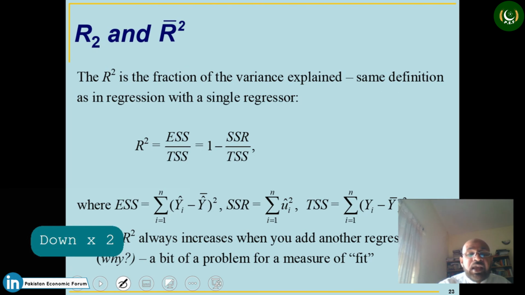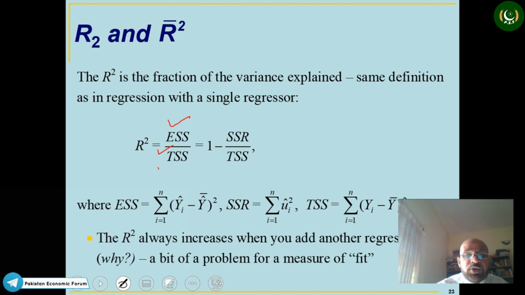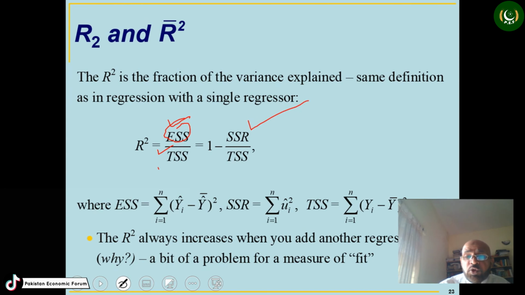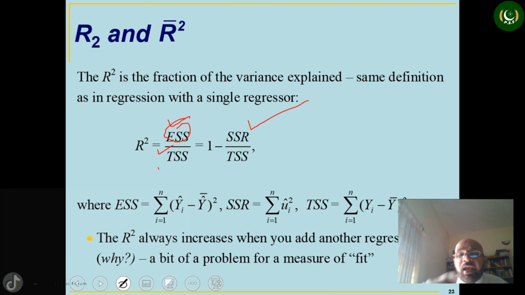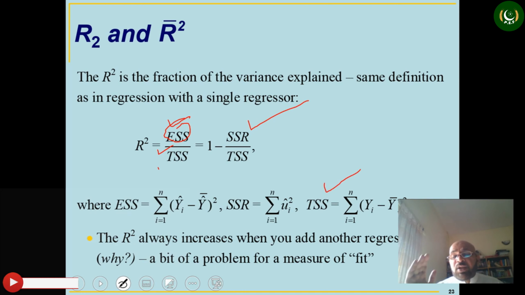R square is explained sum of squares divided by total sum of squares. We know that total sum of squares is equal to explained sum of squares plus sum of squares of residuals. If you substitute here total sum of squares minus sum of squares of residuals, you will have this one. So you see, whenever you add more and more predictors, total sum of squares will remain the same, because these are 420 test scores which remain the same.